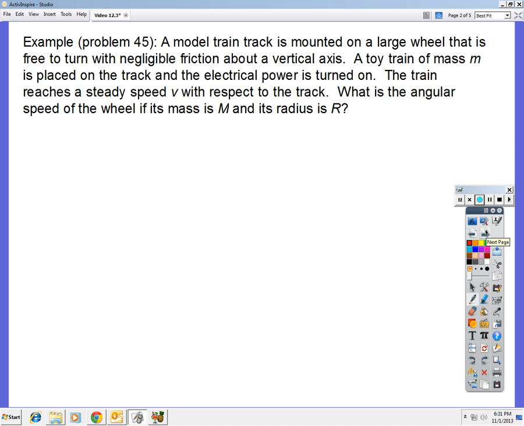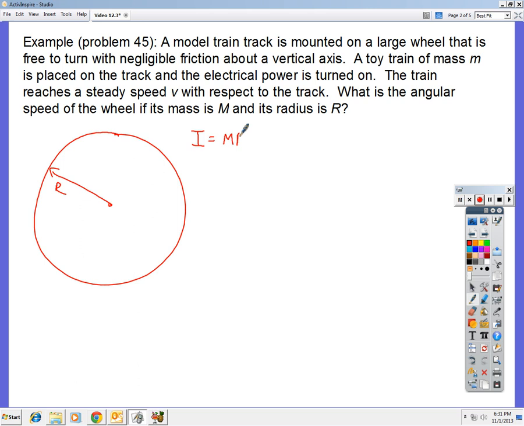Now this first example is relatively straightforward. There's a picture in your textbook, it's problem 45, chapter 12. You've got a model train track that's mounted on a large wheel, free to turn with negligible friction, radius r. We'll treat it as a hoop of radius r, which means that its moment of inertia is Mr squared. Look that up on page 227.